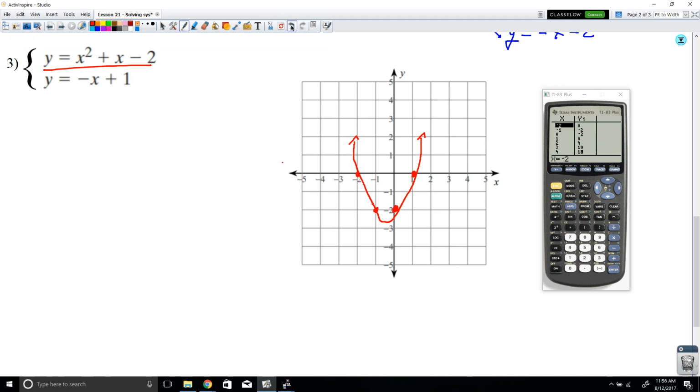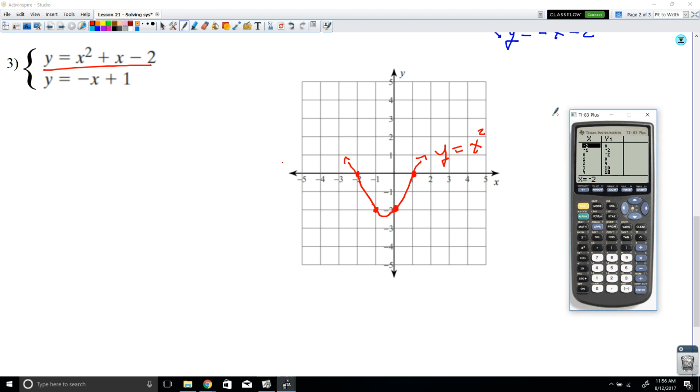So now let's actually graph our equation. So this is for y equals x squared plus x minus 2. So this is my red graph.